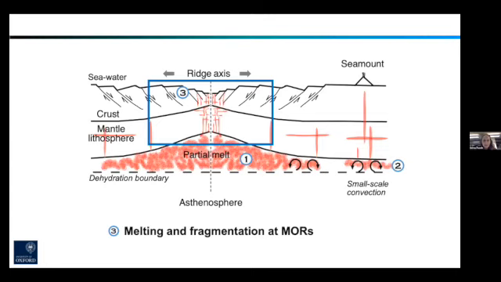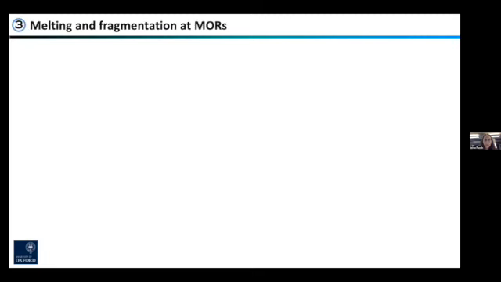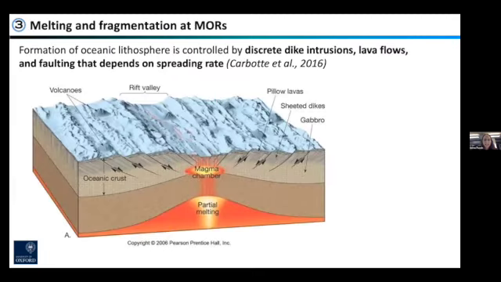So the last part that I want to talk about is more recent work on melting and fragmentation closer to the ridge axis. And the motivation for that is that, in previous models, we had mantle melting and convective flows and lots of interesting things, but generally we extract melt in a very simplistic way.